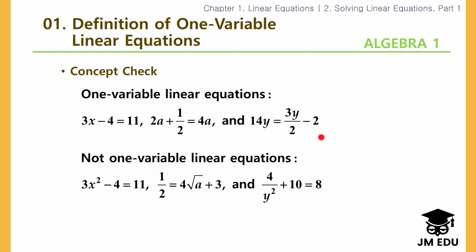So this is also a one variable linear equation. Here, these are not one variable linear equations because we have x squared, square root of a, y squared, right? So all of these equations are not one variable linear equations.